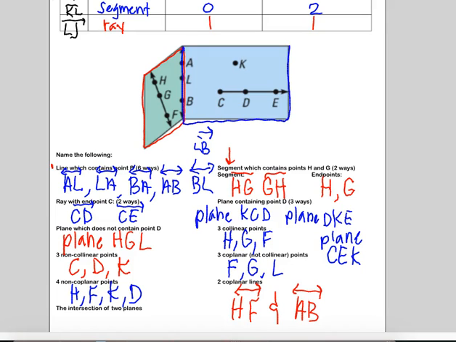So if I look at my markers, where do my colors overlap? Right here. Now what kind of geometric figure is that? Well, it's a line, right? So 2 planes intersect in a line. Okay, so in this case we could call that line AB.